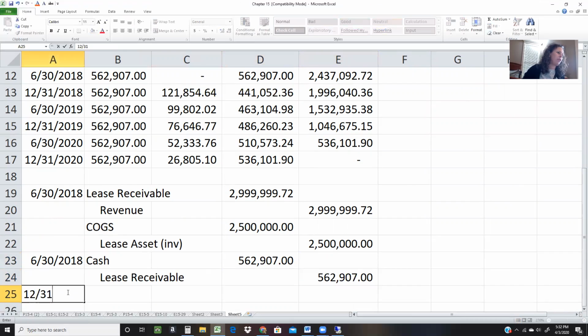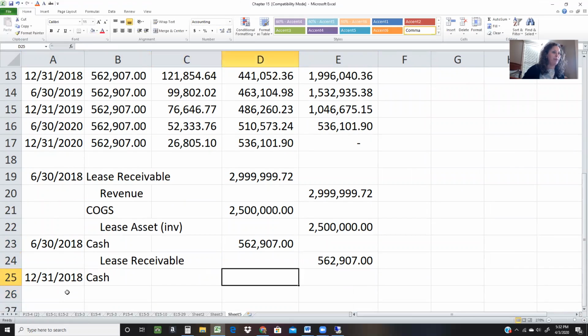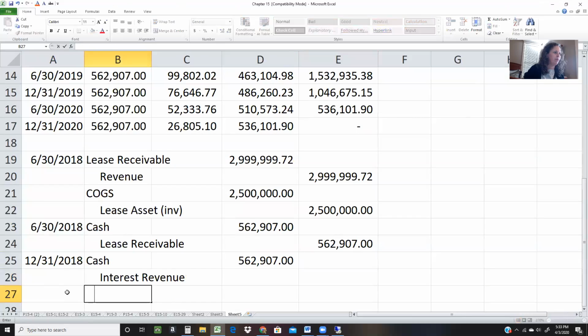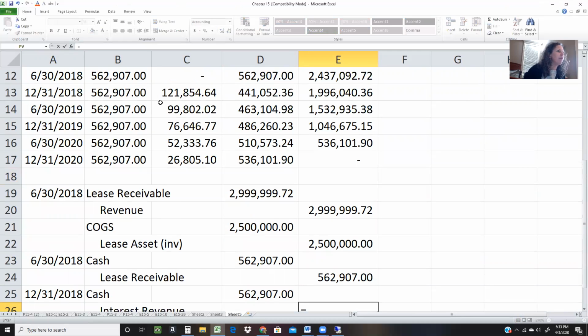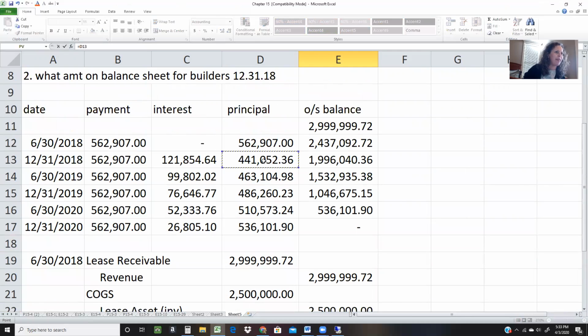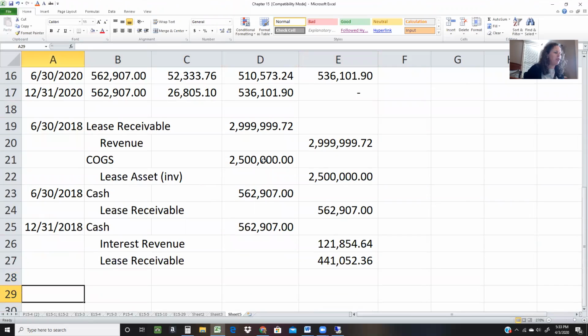And then on 12/31/18, we would receive our next payment, 562,907. Some of it would be interest, and some of it would just be the receivable. The interest would be that, and the principal would be that. So the question for number 2 said, what would show up on the balance sheet?